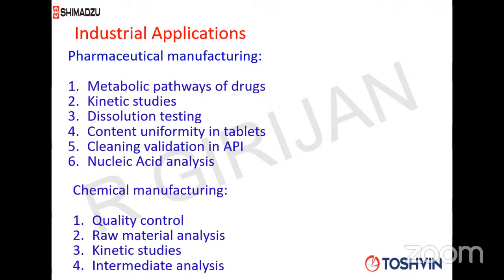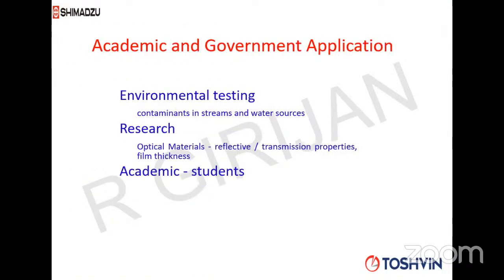Similarly, in the field of chemical manufacturing also: quality control, raw material analysis, kinetic studies, intermediate analysis. So plenty of applications in pharmaceutical manufacturing as well as chemical manufacturing. Academic and government applications: environmental testing, contaminants in streams and water sources.